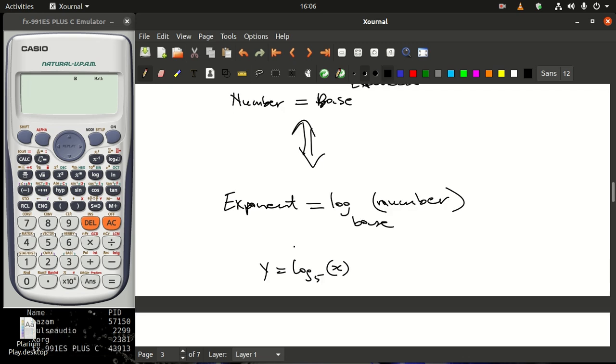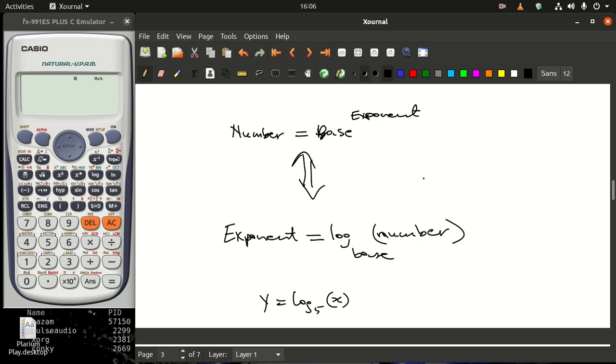So whenever I have an exponent up there, and we have a number and a base, this base becomes the base in the log function, and then the number that is inside here is the one that was outside there, and then this exponent is outside. So I want us to analyze here. This one here is the one that is inside, which is a number. So x is the number, 5 is the base, and then y is the exponent.